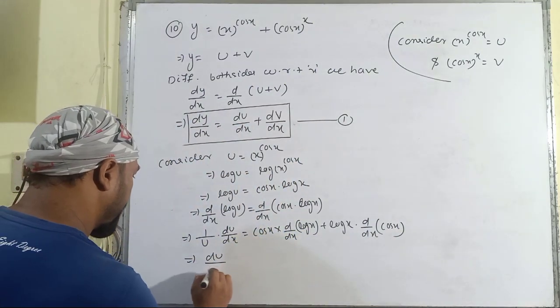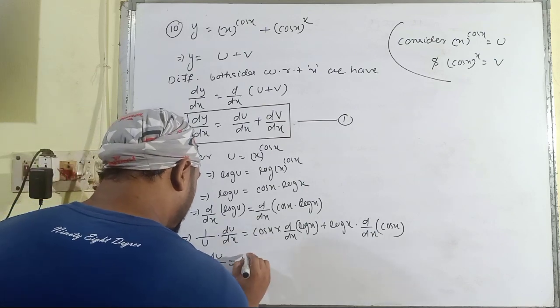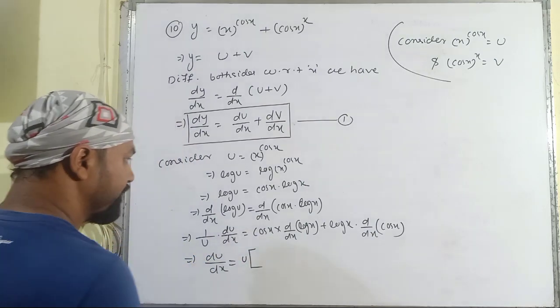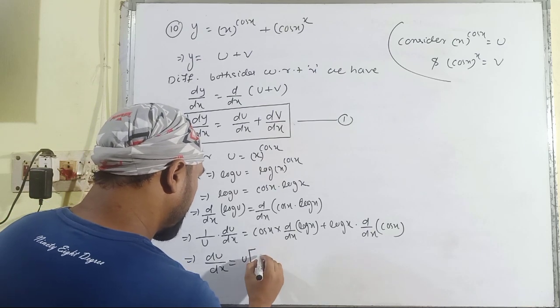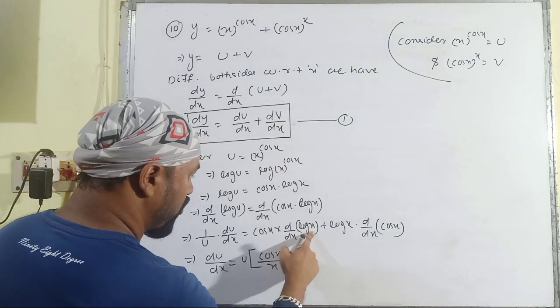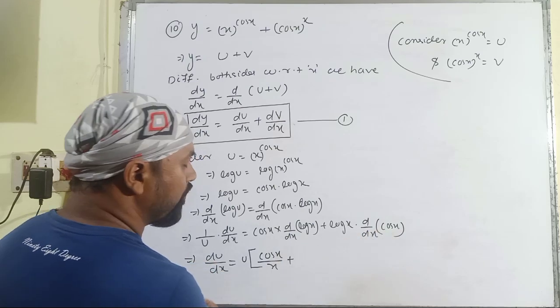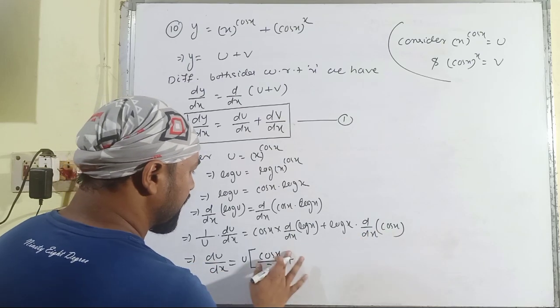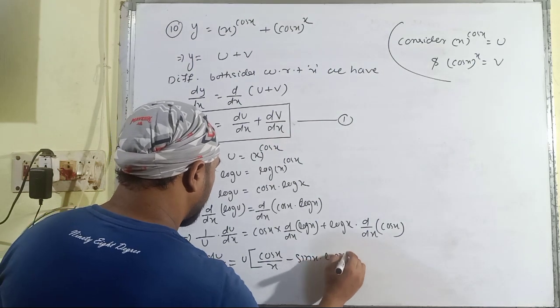Then differentiation of u with respect to x, it is u multiplied with cos x divided by x, differentiation of log x, it is 1 upon x, plus differentiation of cos x, it is minus sin x, so it is minus sin x log x.